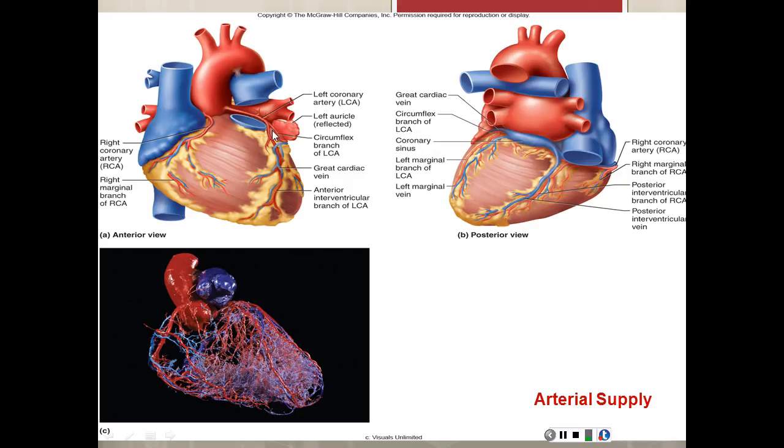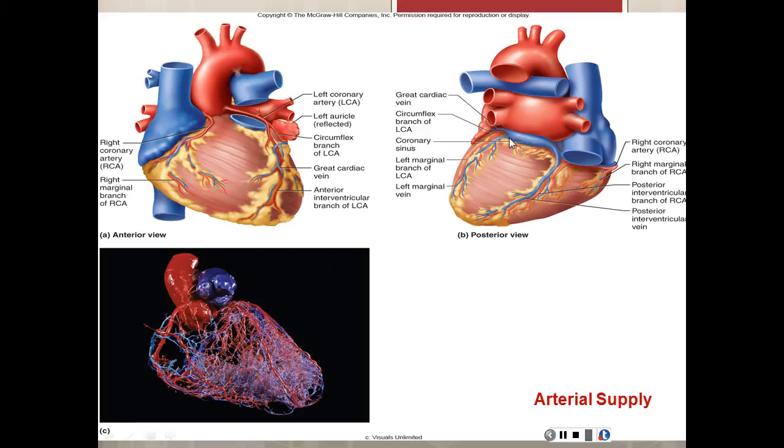It starts off in the front, goes around and heads to the back and then to the posterior view, and then it joins with the coronary sulcus, which we are not seeing right now. And then it gives off a large marginal branch that passes down the left margin.